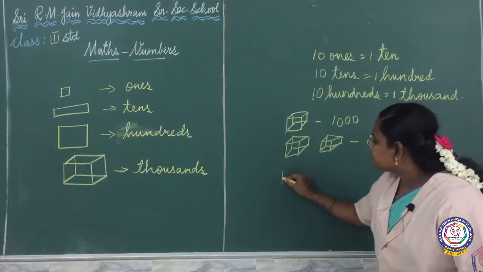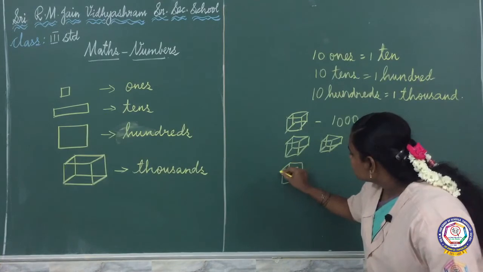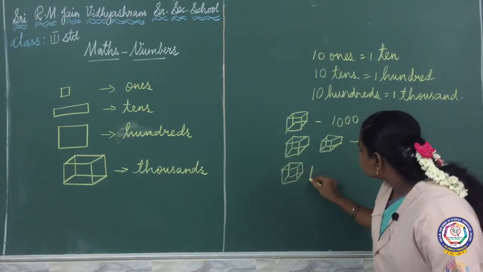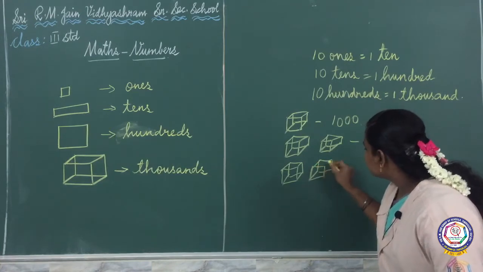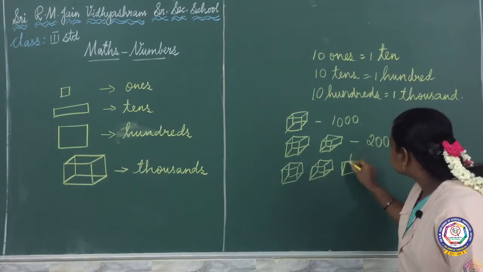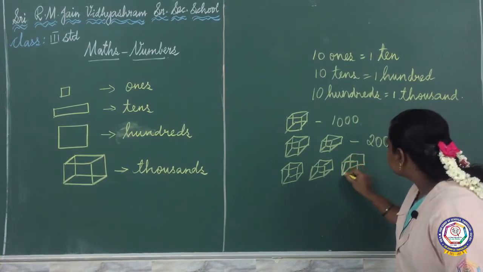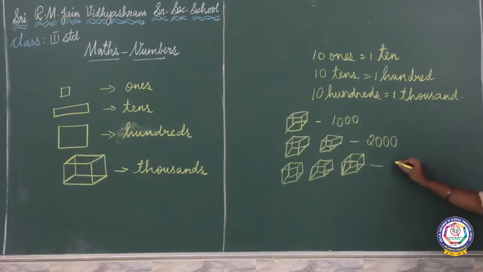Similarly, 3 cubes are there means what is that? 3000. So to represent 1000 we are using this cube. Here how many cube boxes are there? 3. So 3000. So like that we can use this cube for other numbers too.